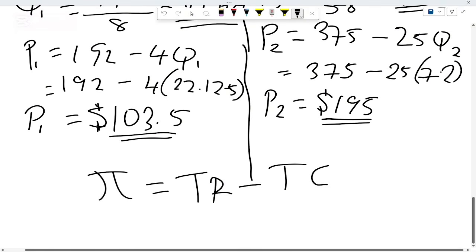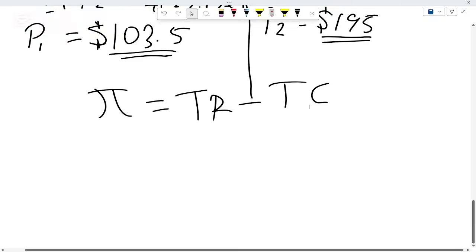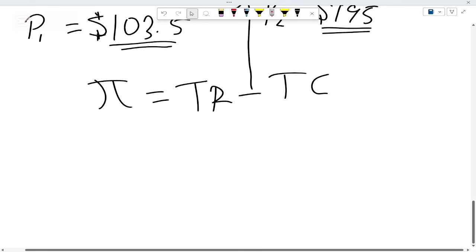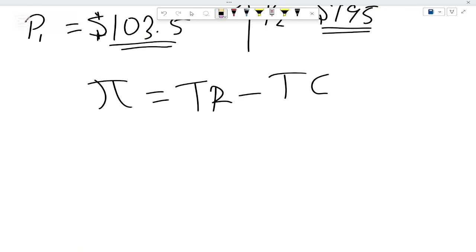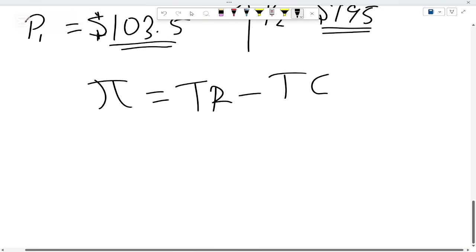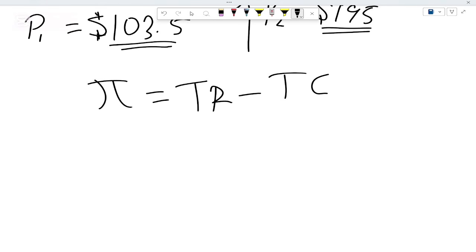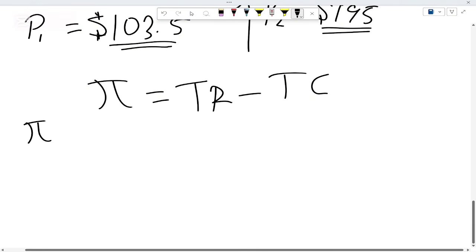Now when you look at it like this, you can decide to calculate the profit for each market and then sum them up. It's very simple like that. Or you can use the entire model, and substitution and everything will come out. But let's calculate for the first market.